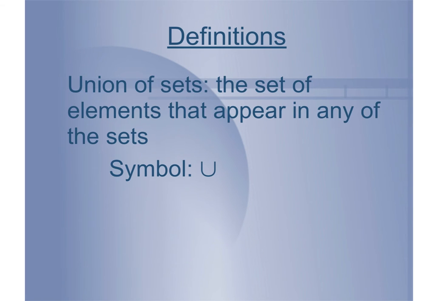So union of sets: if I take the union of 2 sets, I'm going to put both of those sets together, all right? So if I were to create 2 sets here, I would say maybe set A would be 1, 2, 4, and 7. And let's say set B is 1, 3, 7, and 8, all right?